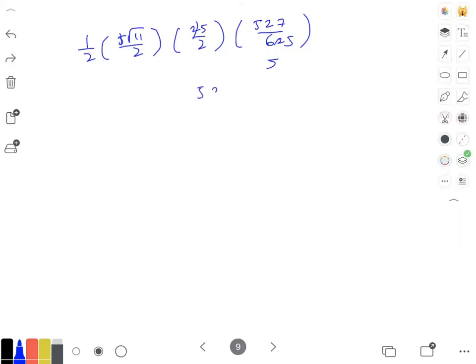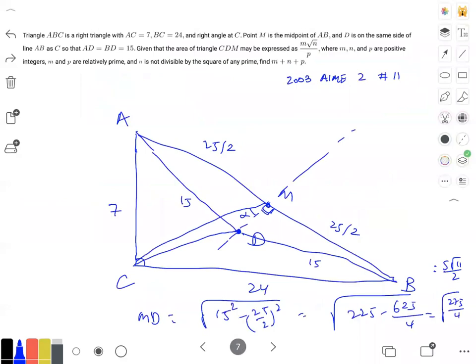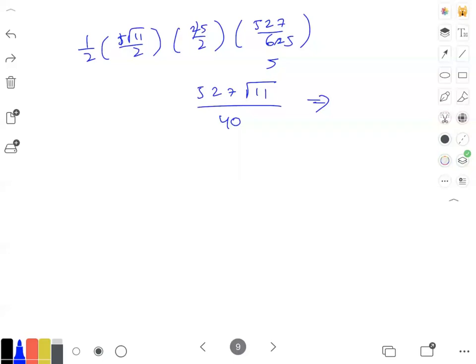So 527 root 11 over 40. Is that simplified enough? 4 does not go in, 5 does not go in, 2 does not, and okay. So yeah, this is our answer. So we want to find m plus n plus p. Okay, we have it in the correct form. So that'd be 527 plus 40 plus 11, which is 578.